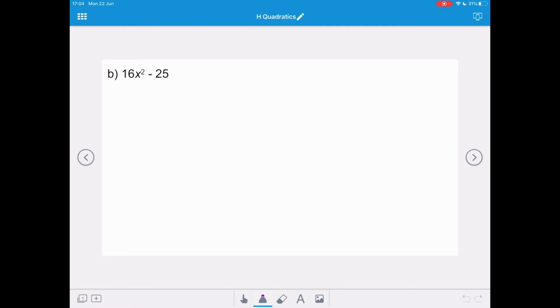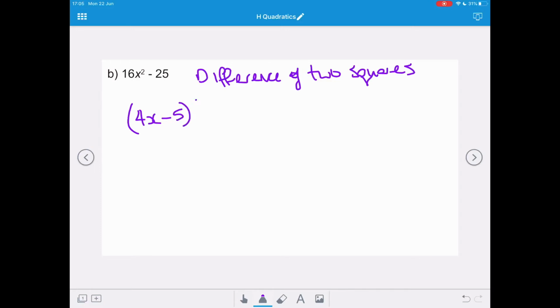The next one, we've got 16x squared minus 25. That's a difference of two squares. We know our factorized result is going to be two brackets with the square root of the first term and the square root of the second term separated by a plus and a minus in each bracket. So our first term is going to be 4x, and we're going to have minus 5 in the first bracket. We're going to have 4x plus 5 in the second bracket.